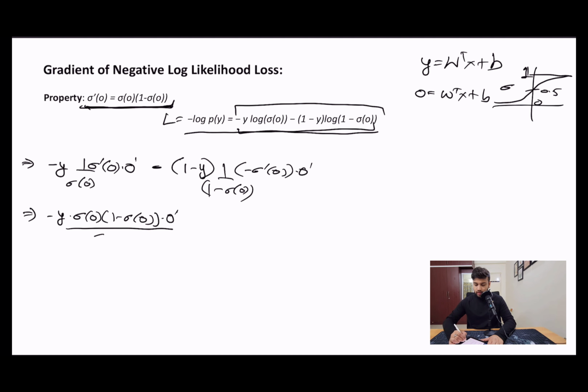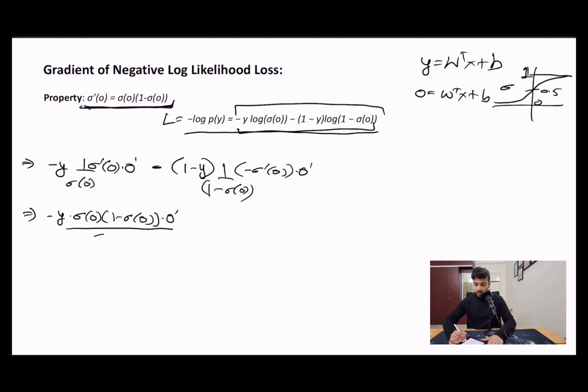So further reducing this equation will become minus y times 1 minus sigmoid of O, O dash. Now this negation and this negation will become plus, so this becomes this O dash, right?